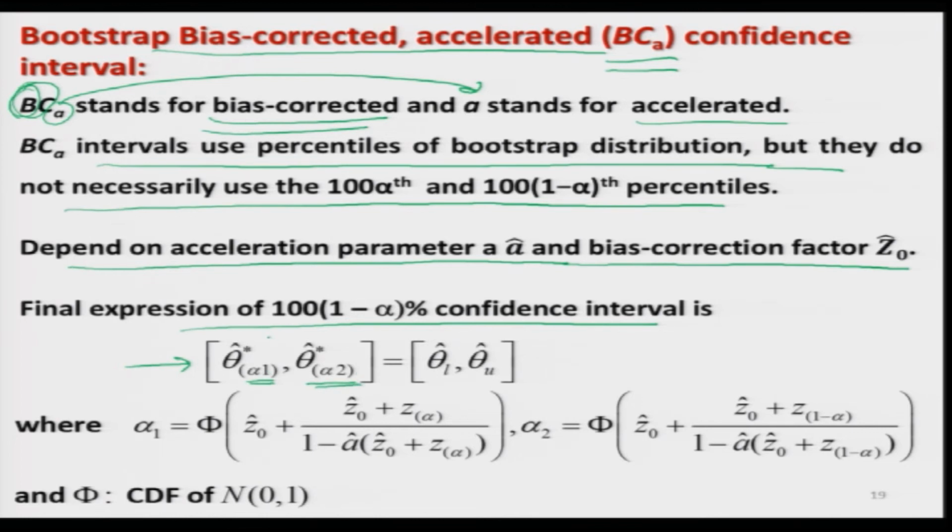Briefly, I am denoting the confidence limits which we are going to obtain on the basis of data as theta hat L and theta hat U. Right, where this alpha 1 is actually the value from the CDF of normal 0 1, and this alpha 1 is the value of the CDF at this point.